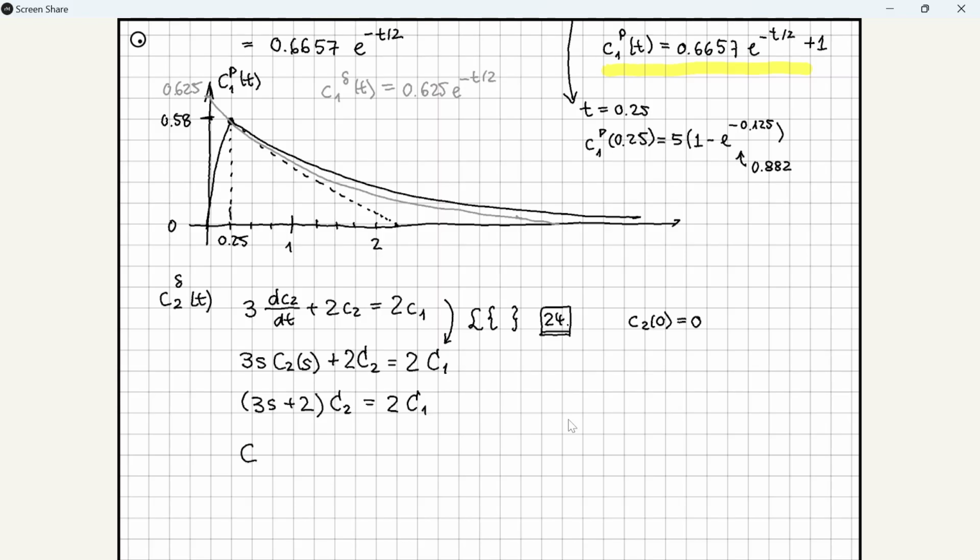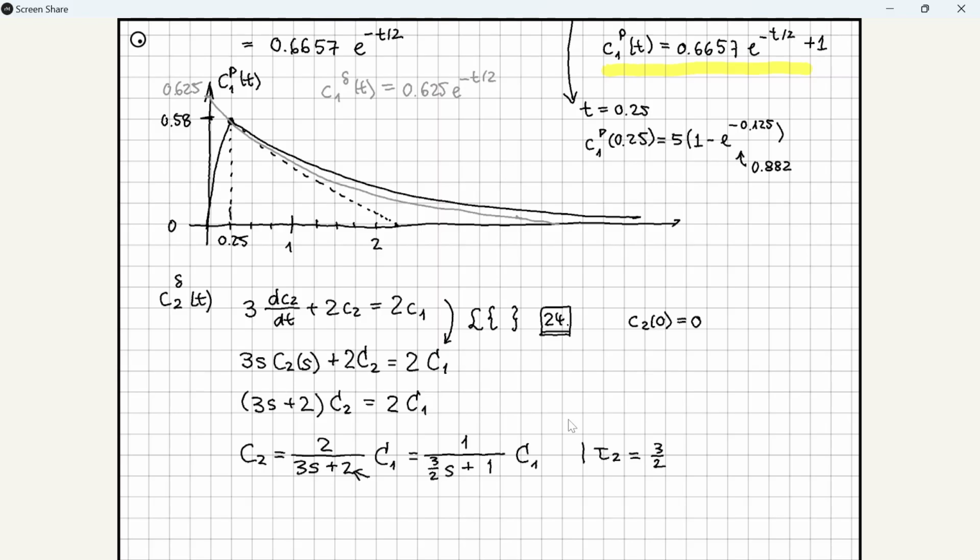And I can calculate C2 as a function of C1, and that is 2 over 3s plus 2 times C1. I would like to write it in a way that this one here becomes 1, so I multiply both the numerator and the denominator by 1/2. So I get 1 divided by 3/2 s plus 1 times C1. And that means our time constant for this process equals 3/2.